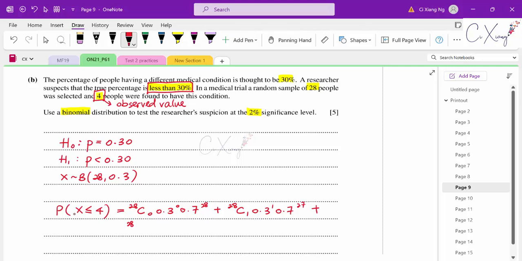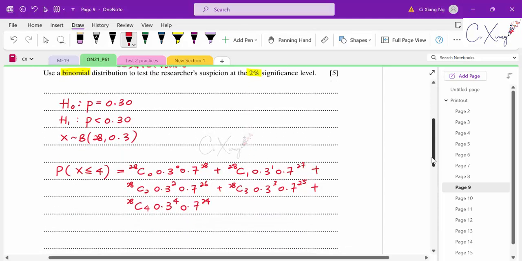We try to complete the calculation until x equals to 4. So this is 0.3 square, 0.7 power 26. X equals to 3. Then x equals to 4. We should stop at x equals to 4, because the calculation here shows smaller equals to 4, right? So we should include the 4 and stop here.